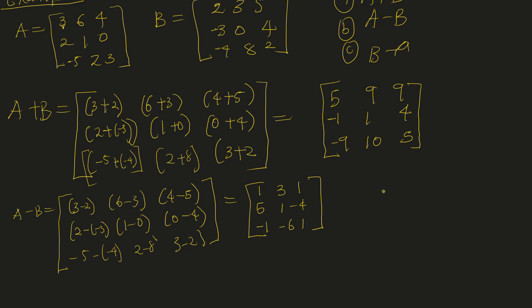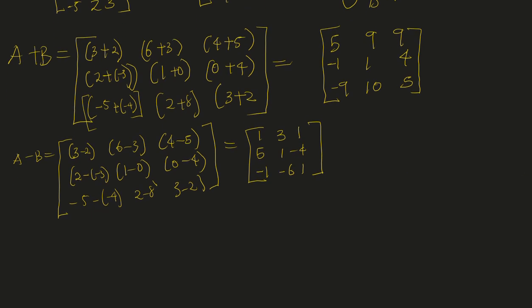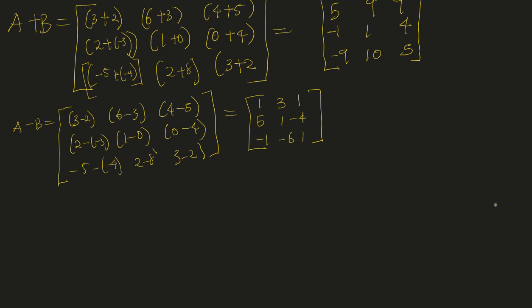And we're told to also evaluate B minus A. Let me do B minus A here. B minus A, so that you see it now. I can also use this or use the question. Can you see that now?